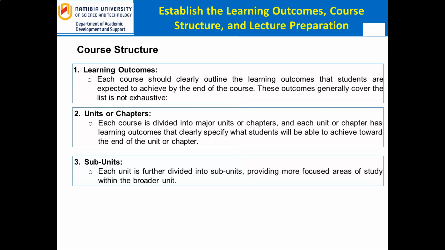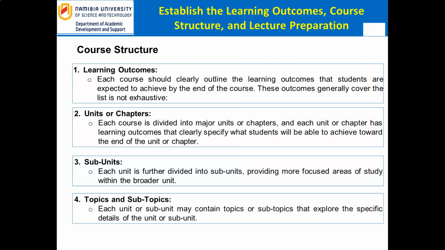4. Topics and subtopics. Each unit or subunit may contain topics or subtopics that explore the specific details of the unit or subunit. These are the most detailed sections of the course and cover individual concepts, methods, or case studies. For example, Subunit 1.1, Introduction to Data Science Concepts, and what follows underneath are Topic 1.1.1, Definition and Scope.